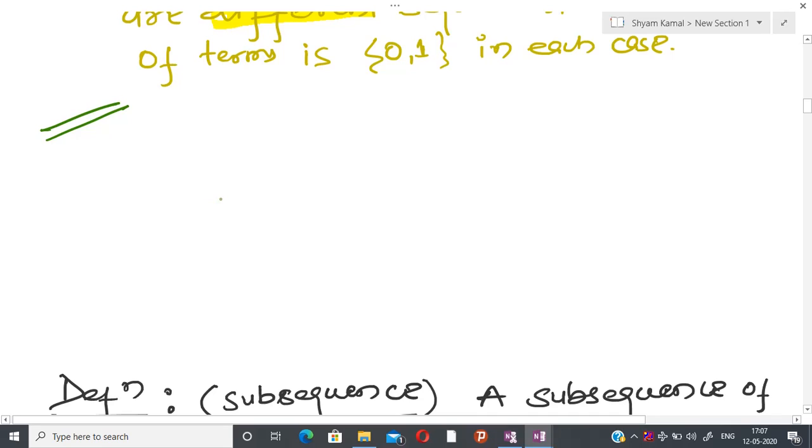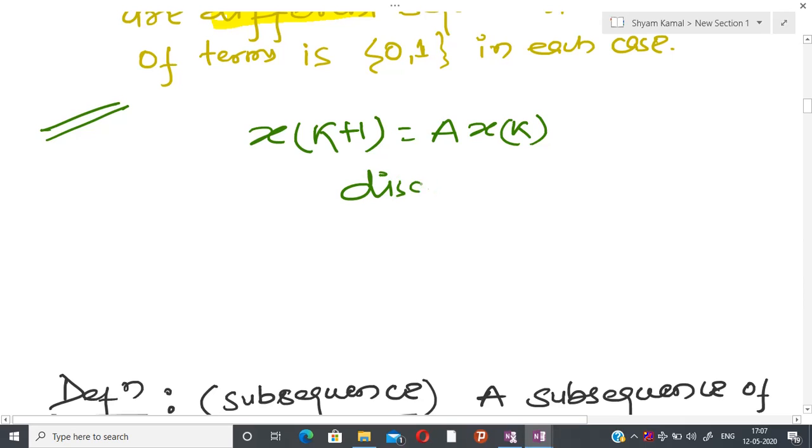Suppose that I have a certain dynamical system, and that is defined like this. You can define x_{k+1} equal to a x_k. This is the representation of a discrete dynamical system.